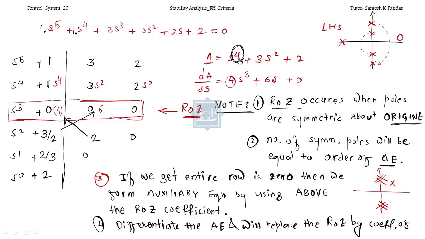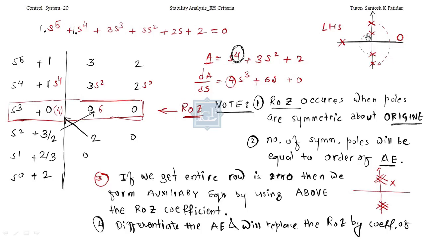So what do you mean by symmetricity? Symmetricity means you need 2 or 4 or 6. Between 2 poles we can have symmetry: one will sit over here, one will sit over here. This is symmetric. So what is my point? If instead of 4 you have 5, can you make it symmetric about the origin?